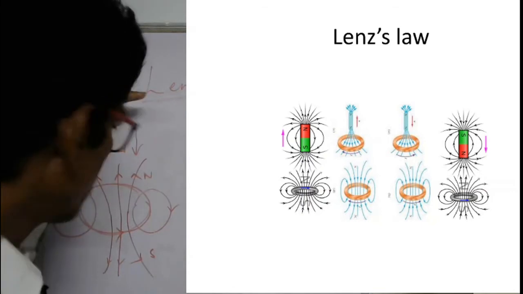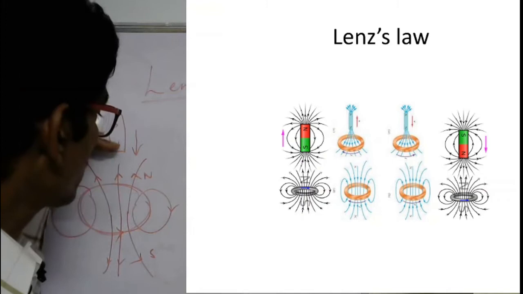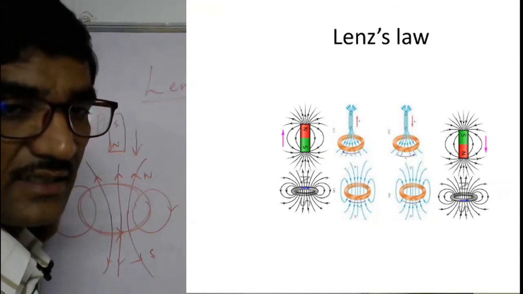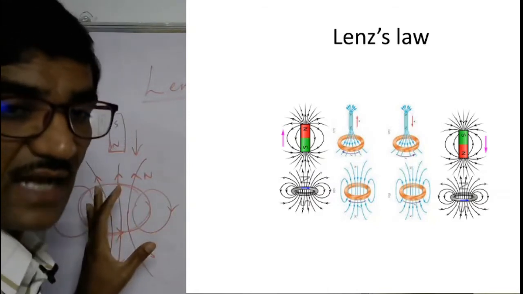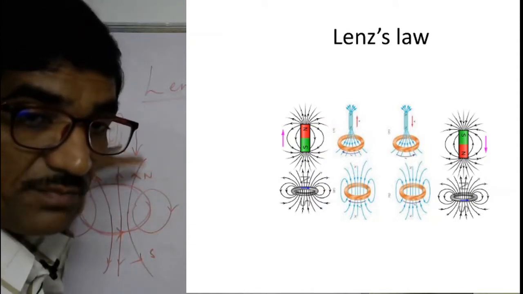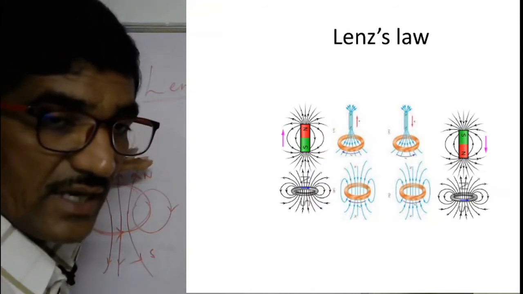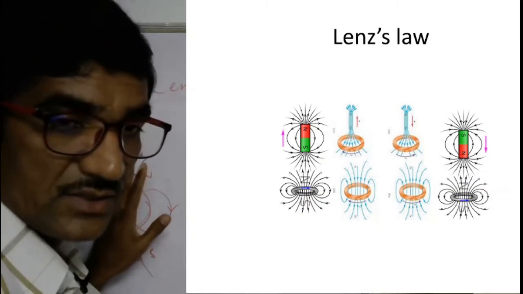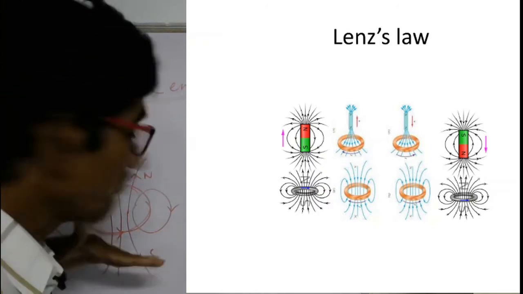Whenever the magnet is coming towards this ring loop so that its north pole is facing the ring, then automatically the current will be induced in this loop such that on the top side of this loop there is always a north pole of this electromagnet. So below this loop you have the south pole of this electromagnet.